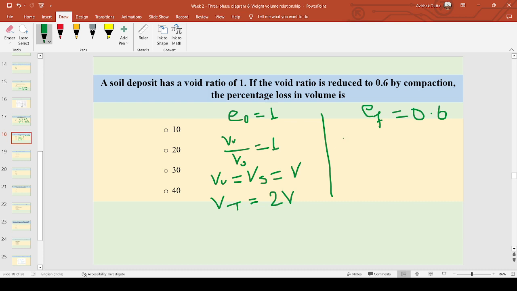Okay, in this case, volume of void by volume of solid equals 0.6.